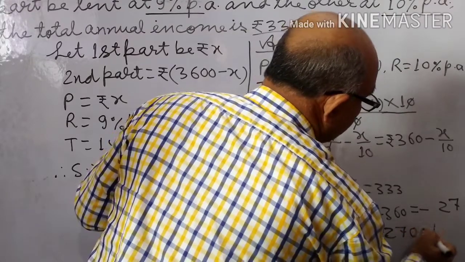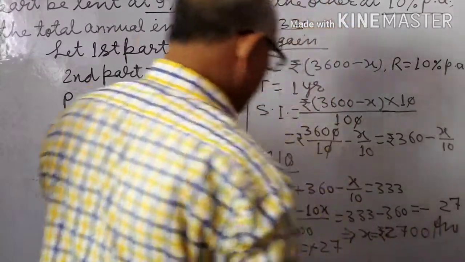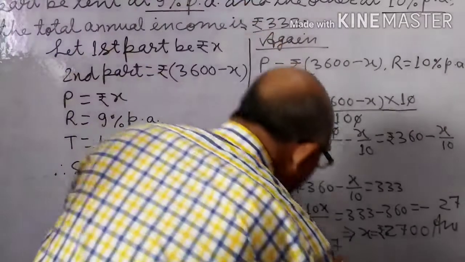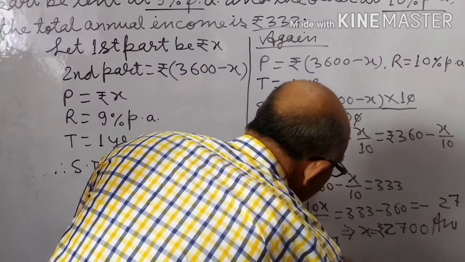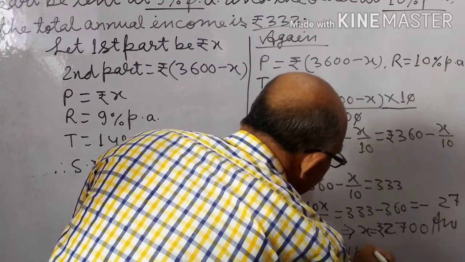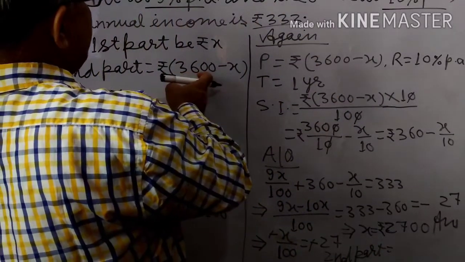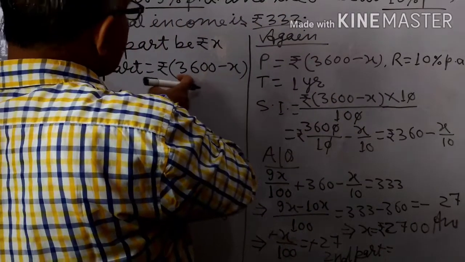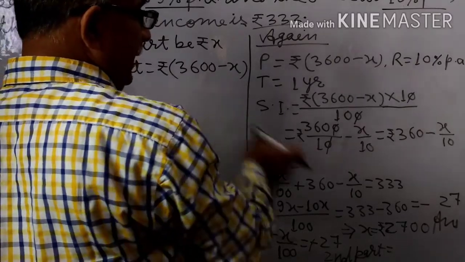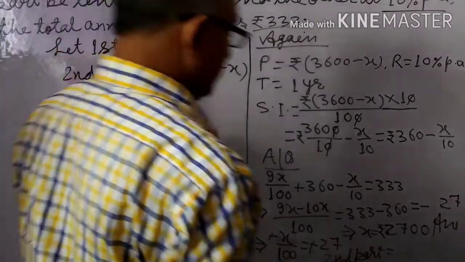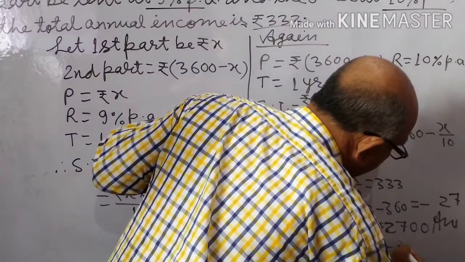Answer. First part. And second part, 3600 minus x. So 3600 minus 2700. So rupees 900.